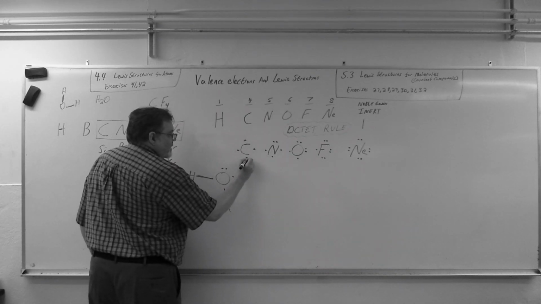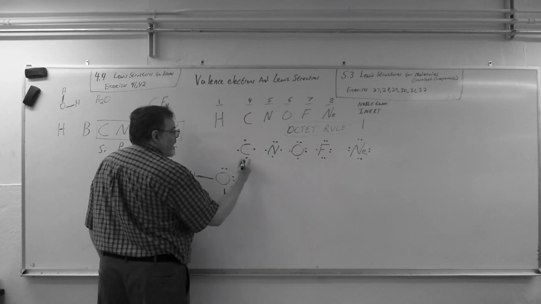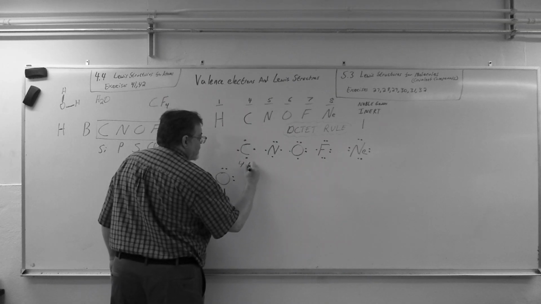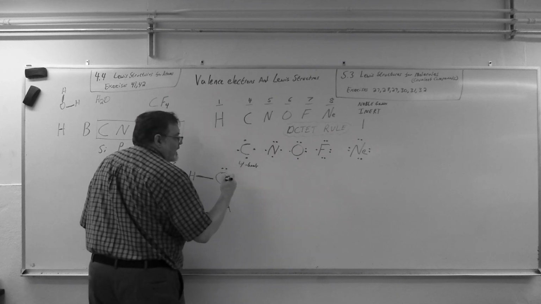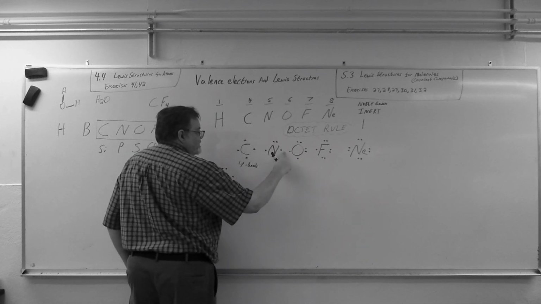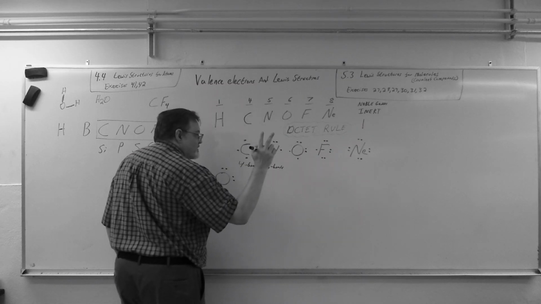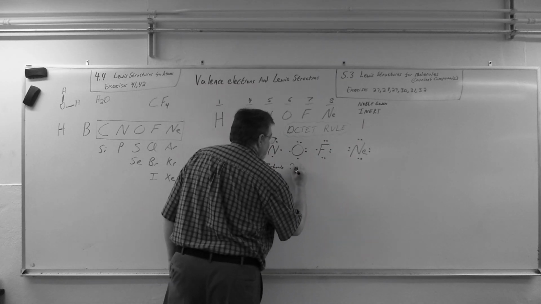This electron wants to pair, this one wants to pair, this one wants to pair, this one wants to pair. That means carbon can make 4 bonds. And I should say covalent bonds. Nitrogen has 3 of these unpaired, so it wants to make 3 bonds. Oxygen has 2 unpaired, so it wants to make 2 bonds.